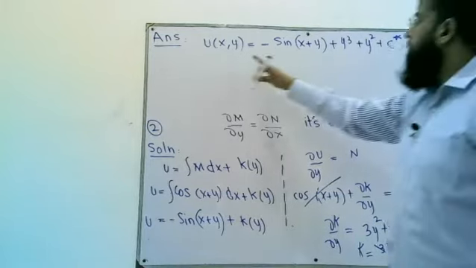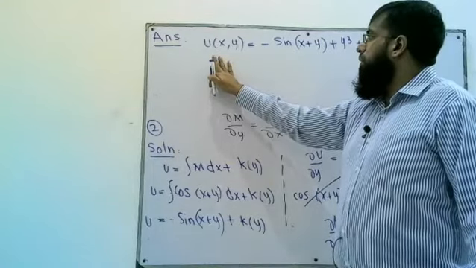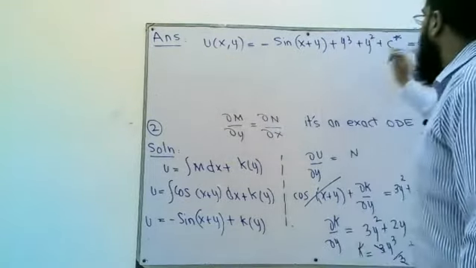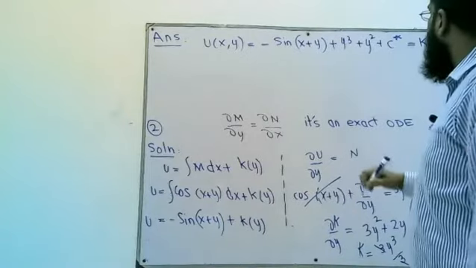And of course we started with the point that u of (x,y) would be equal to a constant k or c.